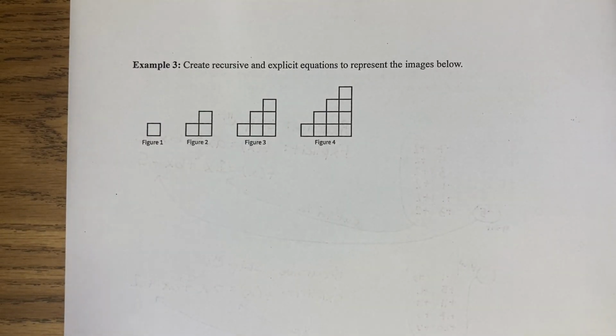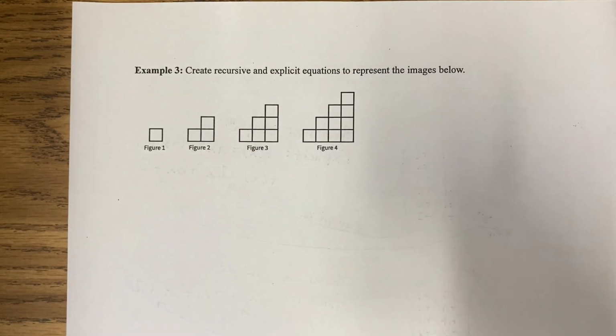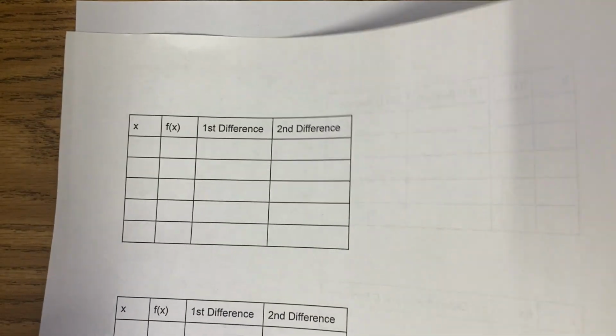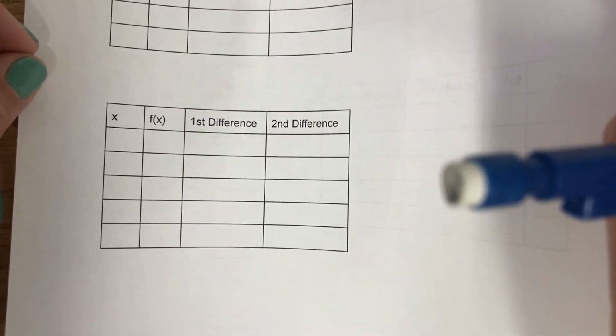For example 3, we are creating our recursive and explicit equation to represent the image below. On your assignment, I know that sometimes it's hard to draw in your own table all the time. So I have this scratch paper and it has the tables blank.